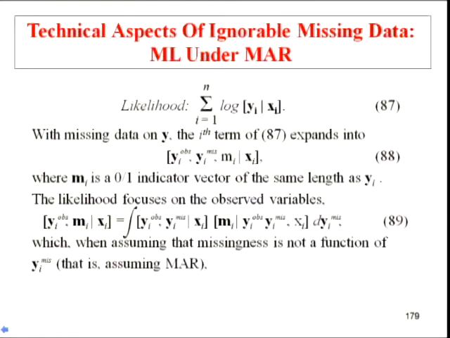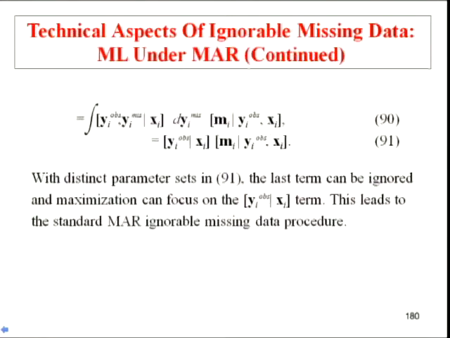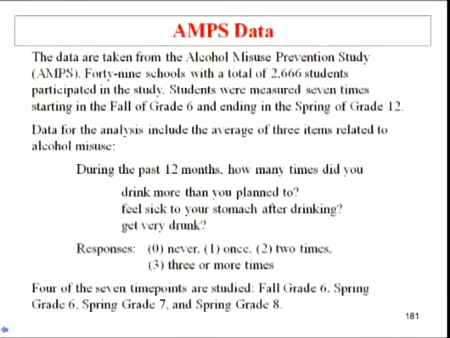The fact is that if MAR is true, we can ignore that variable in our estimation. We can do the modeling of Y and X only. We don't have to worry about M. But before 5 o'clock, we're going to bring M into the picture. But 179, 180 is for your own studies.